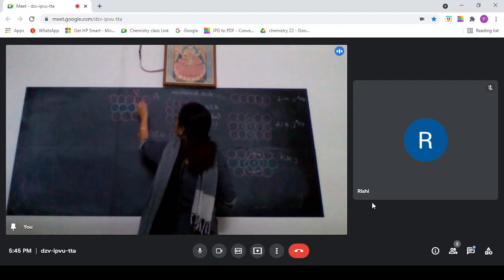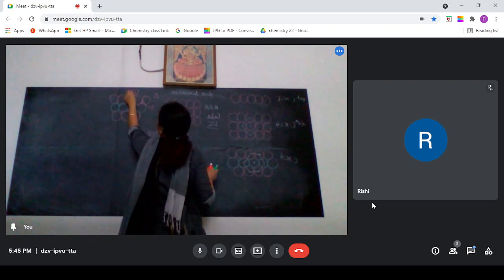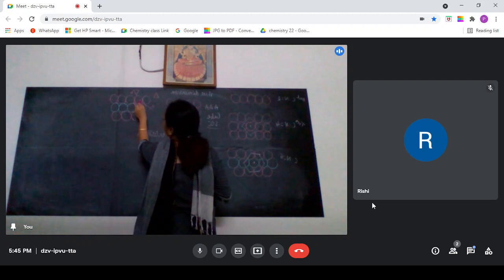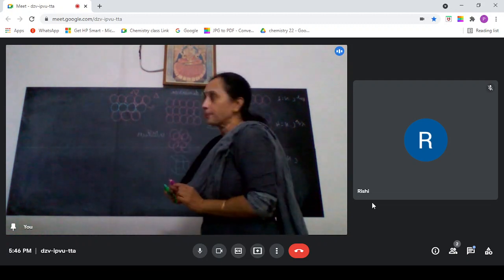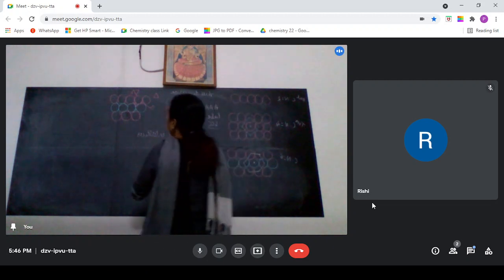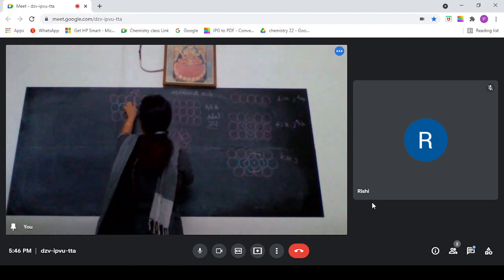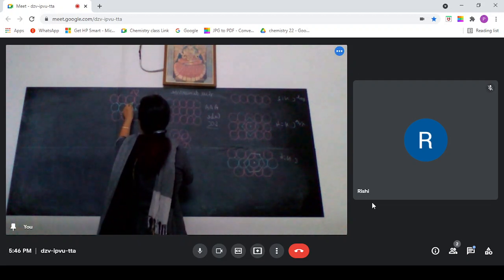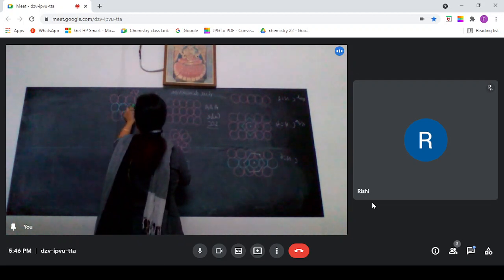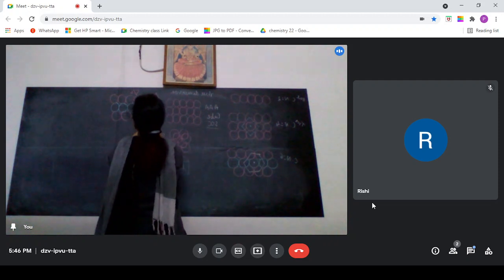If you say this is A type and this is B type, you will have A type, B type, A type, B type, alternating like this. Now you have to write it neatly, then only you can see that gap properly.